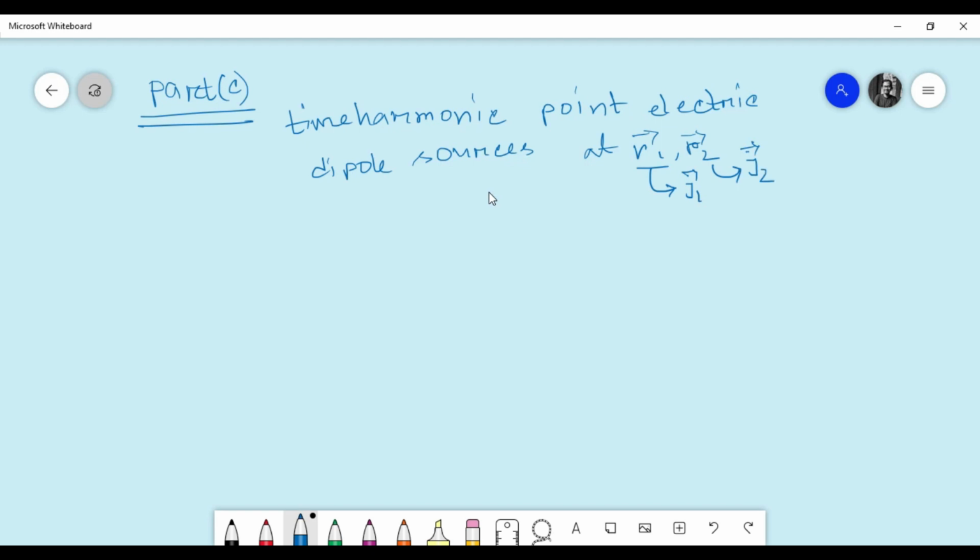And for that physical scenario, we need to prove the relation, where P2 and P1 are just point electric dipole moments.